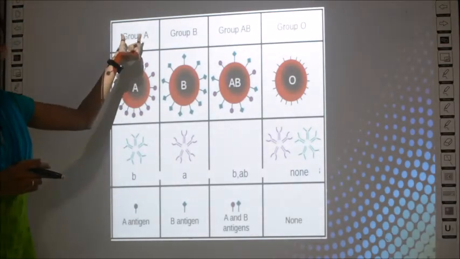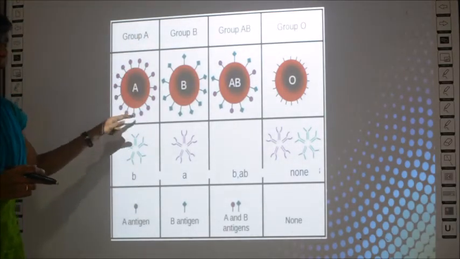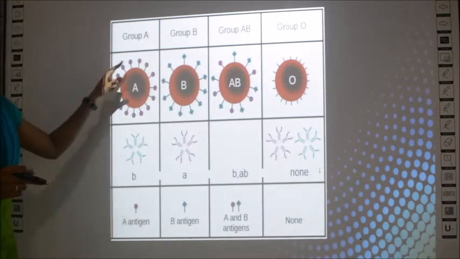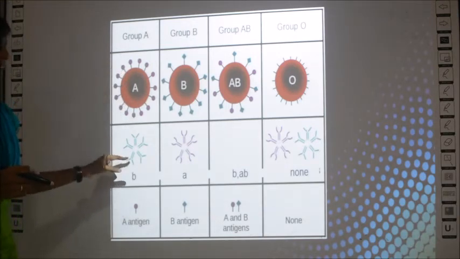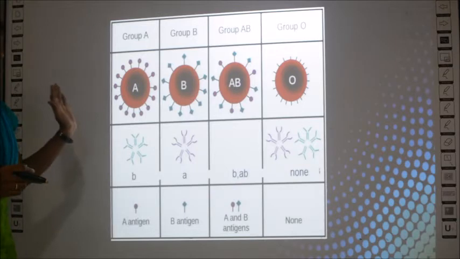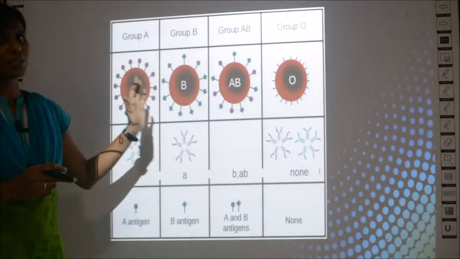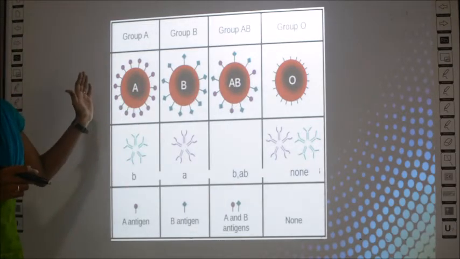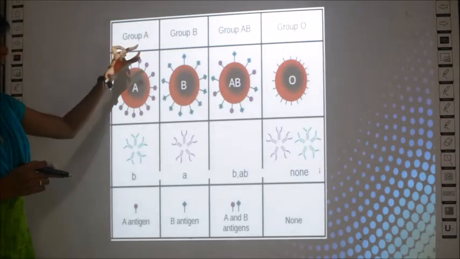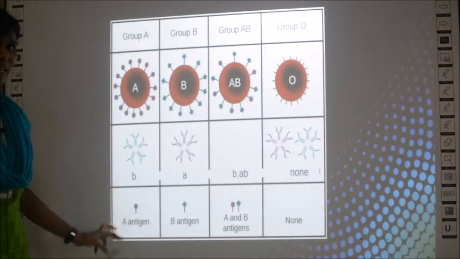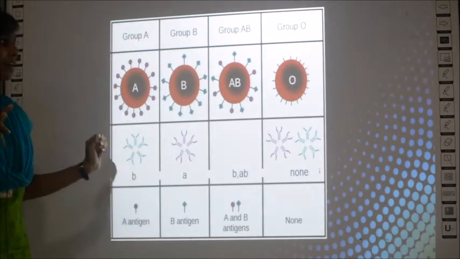So a person with blood group A will have antigen A on the surface of RBC cells and antibody B. This chart you have to memorize. This combination will always happen. It cannot be the other way. A blood group person will have antigen A but antibody B.